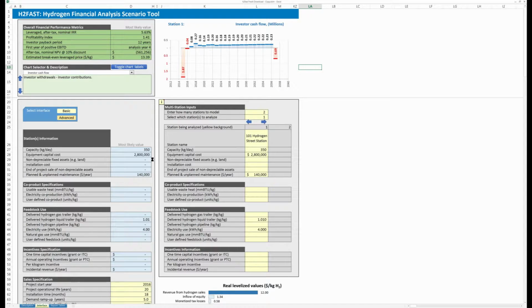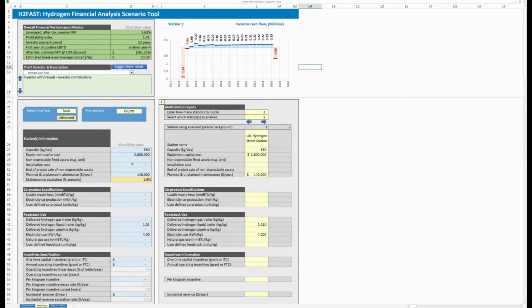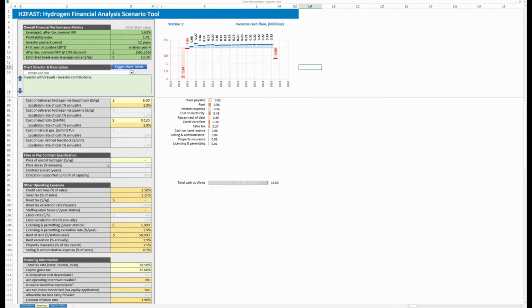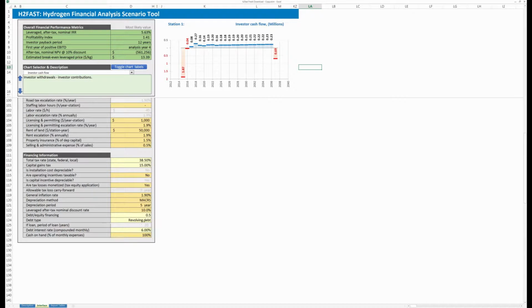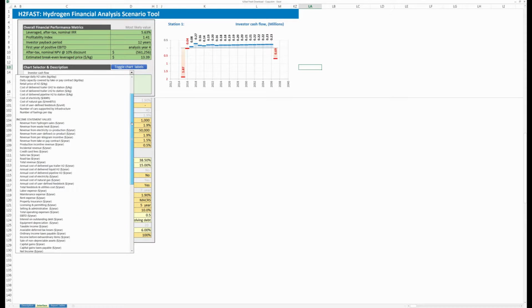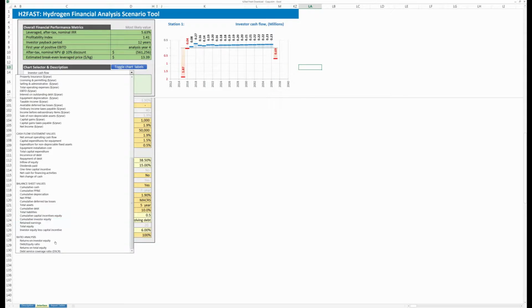If we look at advanced scenarios or the advanced interface, you'll see that you have different debt options. Very often when you have a business, you always have a capital structure which has a portion of it as debt. So from a project finance point of view, you're not going to necessarily take out a loan.